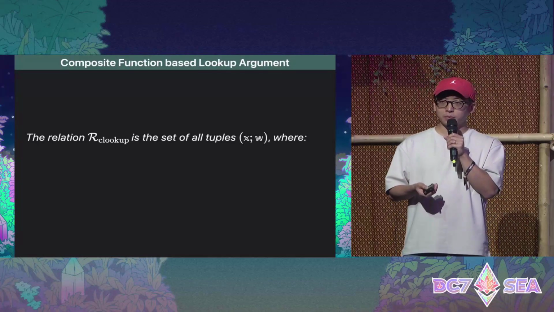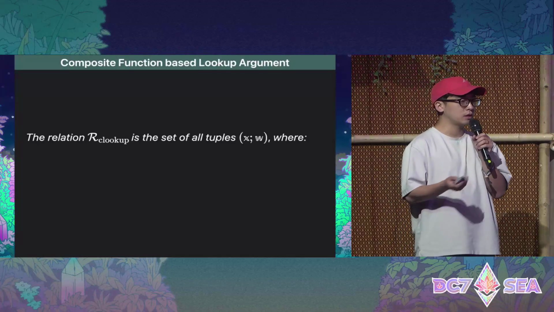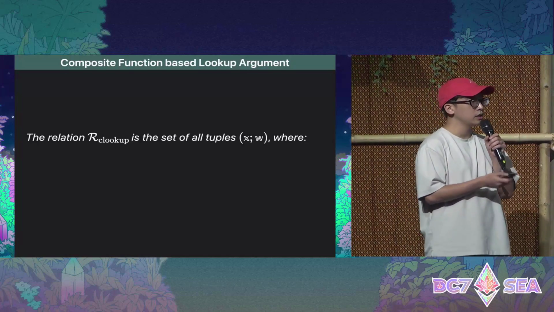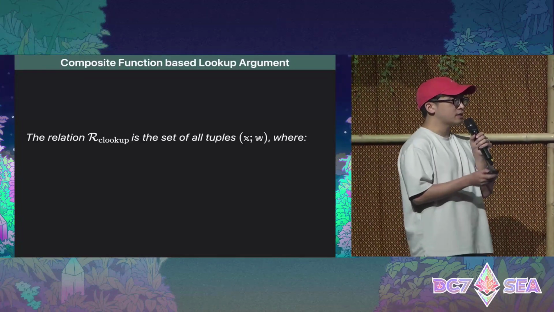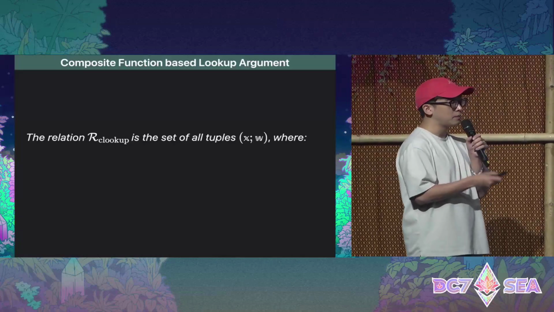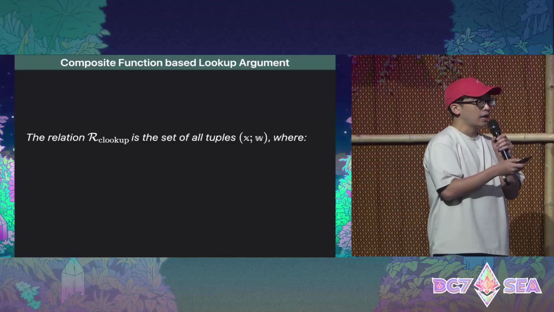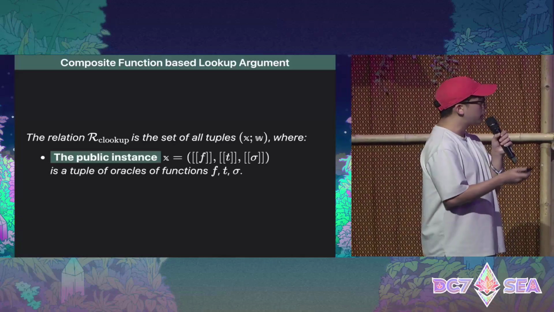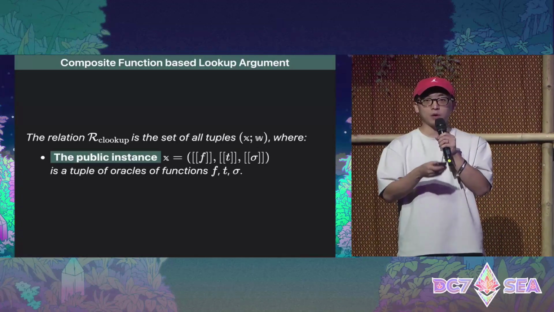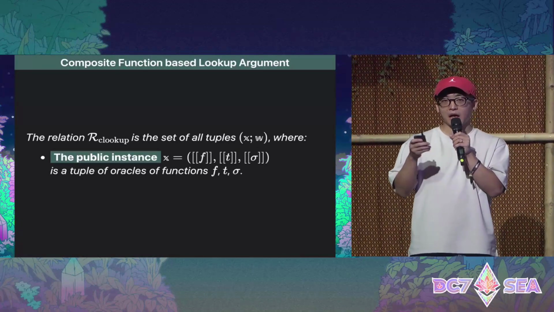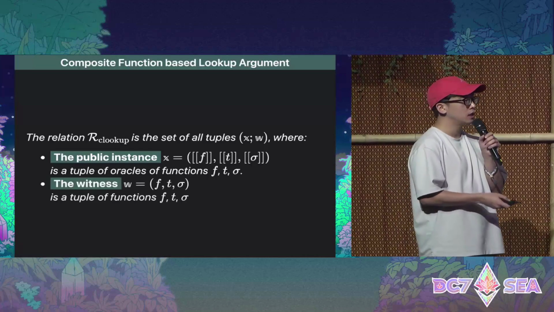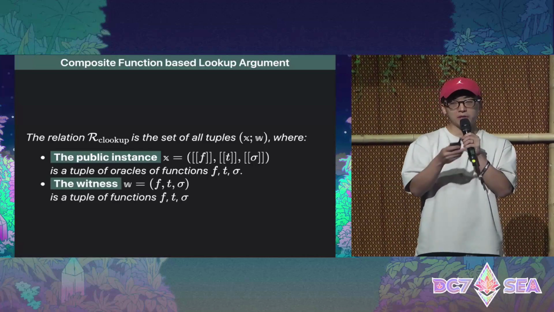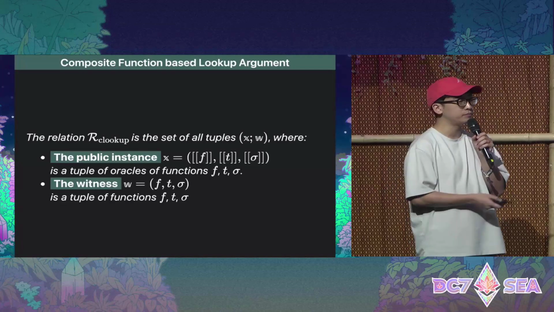So I'm going to introduce our approach, the SEA lookup approach. First, we define a relation, SEA lookup, as the set of all tuples of public instance X and witness W, where the public instance X is a tuple of oracles of functions f, t, and sigma, and the witness is a tuple of functions f, t, and sigma.